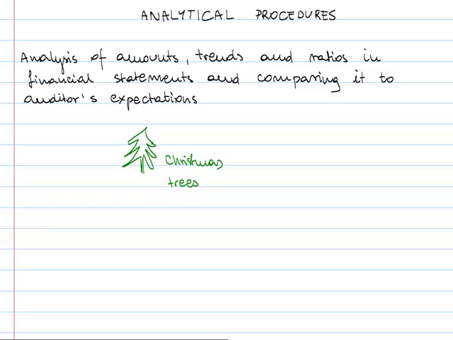So the pattern of revenues over time would be something like this, with a sharp drop right after Christmas. So that would be January through to November, and then would be December. That would be your expectation as to how revenues should be generated by that business.